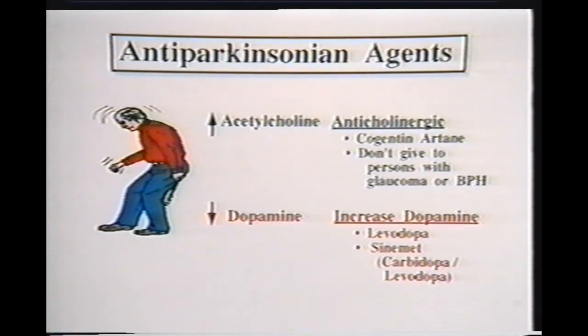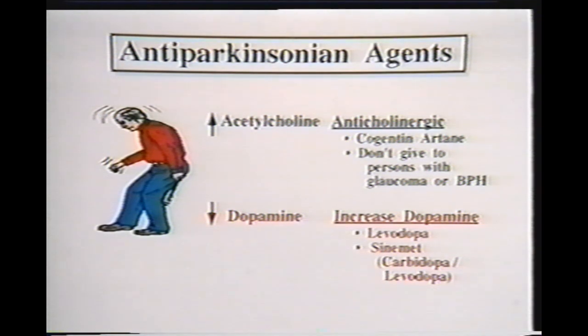So if we look, we can see that the anticholinergic drugs that will be given are drugs like Cogentin and Artane. Now remember that these are contraindicated, however, in people with glaucoma or BPH, which is sometimes difficult because those are very common conditions in this age group of patients.